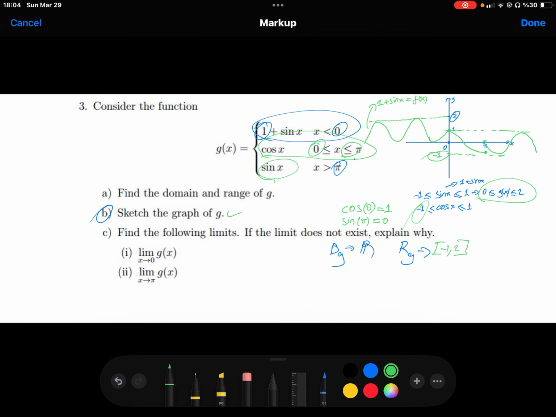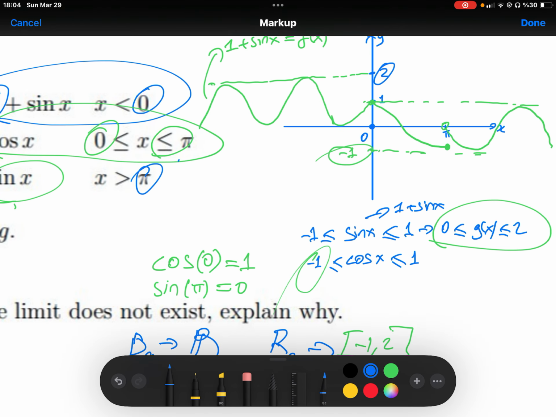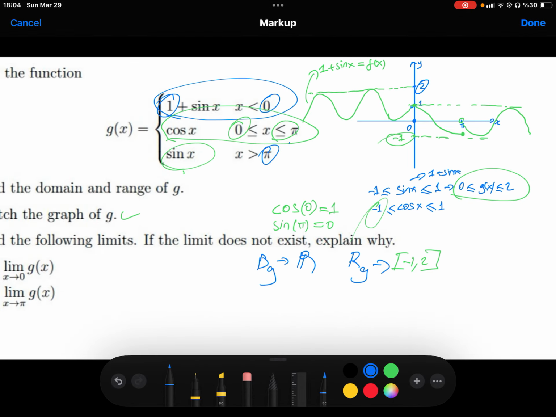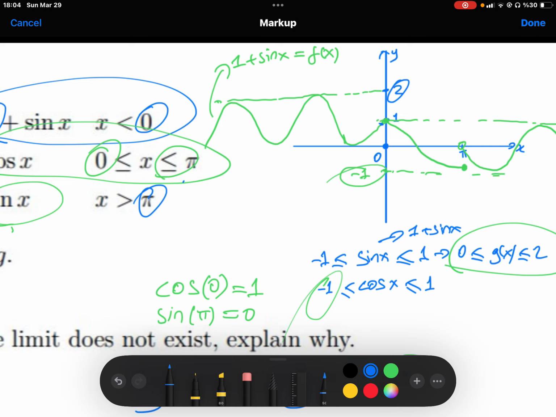Okay. Find the following limits. If the limit does not exist, explain why. Limit as x approaches 0 of g of x. Let's figure this out. If we look at this point, the value we are approaching is 0.